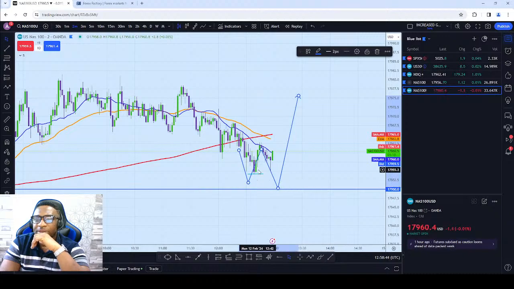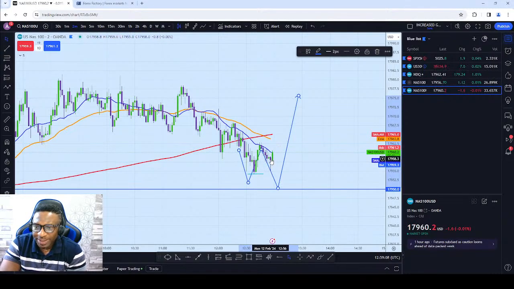As we can see what is happening here, price pushed almost to near this low, and then it's pushing up again. So it's now taking out this tail bar event that happened here.